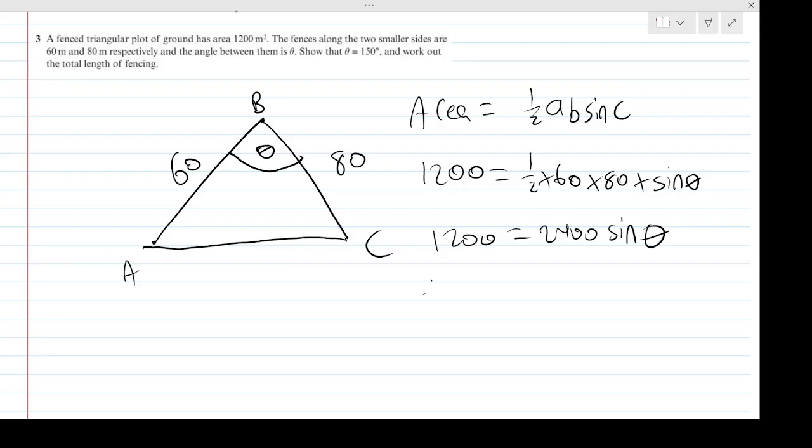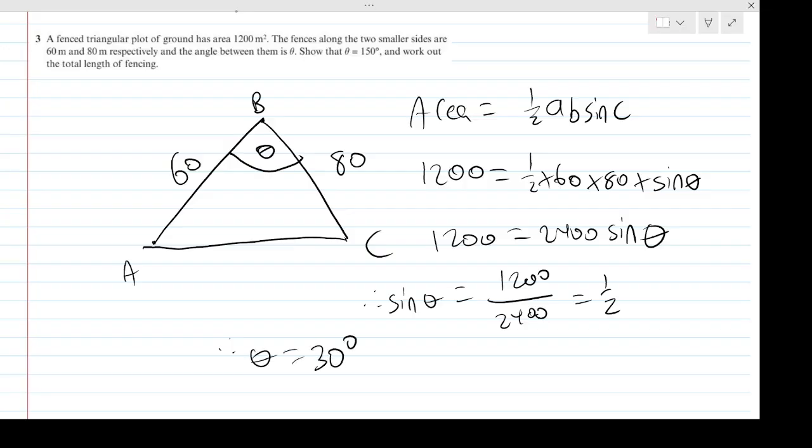And so therefore sine theta is going to be 1,200 over 2,400, which is indeed a half. So if I do inverse sine of a half, I get the angle theta is 30.